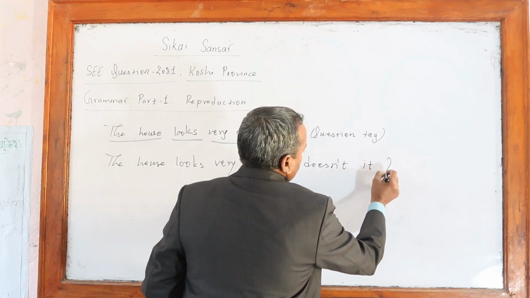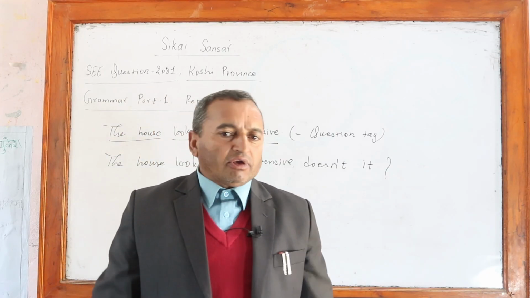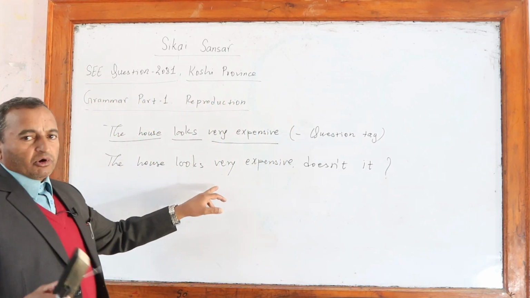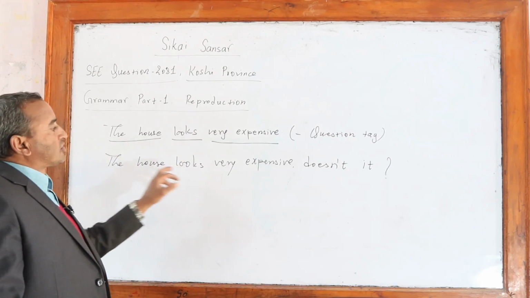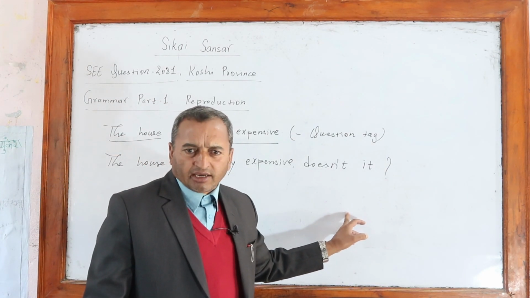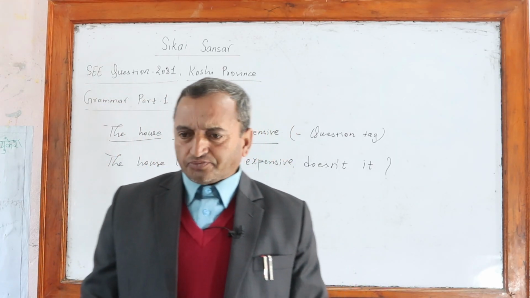And finally, we don't have to forget to write the question mark. So, how have we solved? Dear students, look seriously. Okay, the question is, the house looks very expensive, doesn't it? Right?